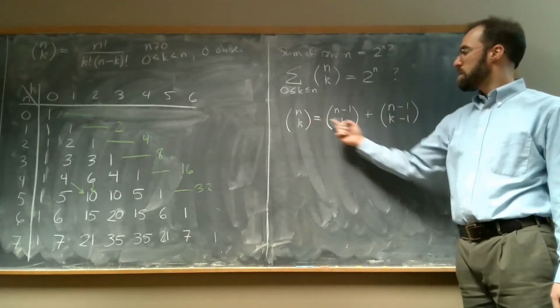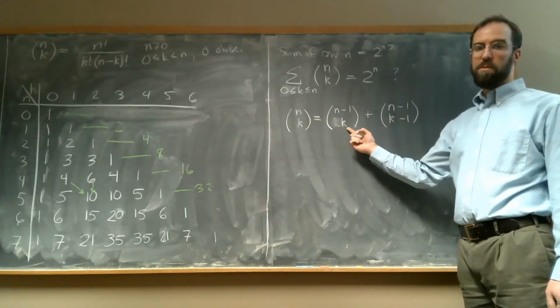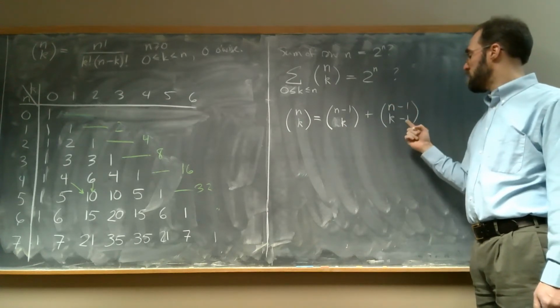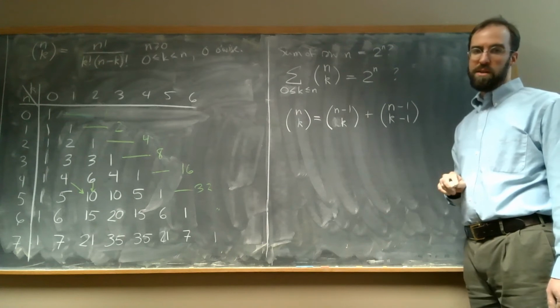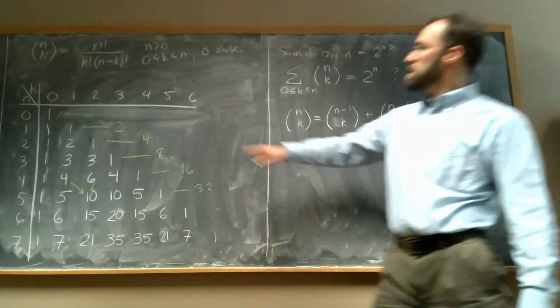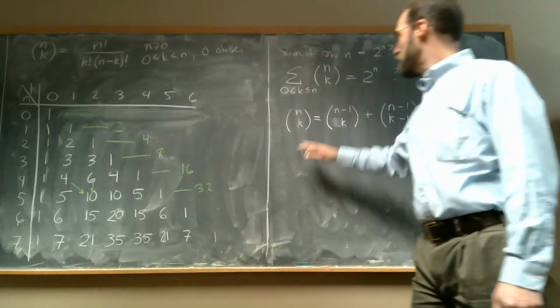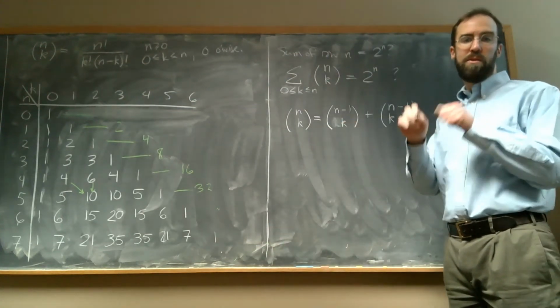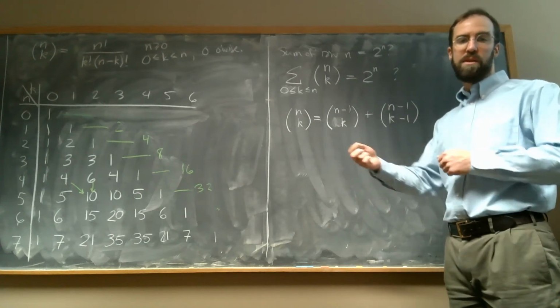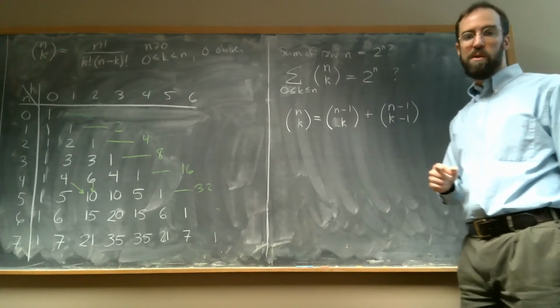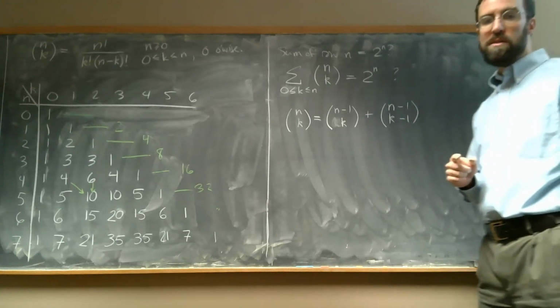This is the thing directly above it with the same value of k, and this is the thing above it and to the left with a value of k 1 less. Again, we could prove this by writing down the formula for these and doing a bunch of messy algebra, with factorials, canceling, and factoring things out. But that's not how I want to prove it. I want to prove it just by talking about counting things.